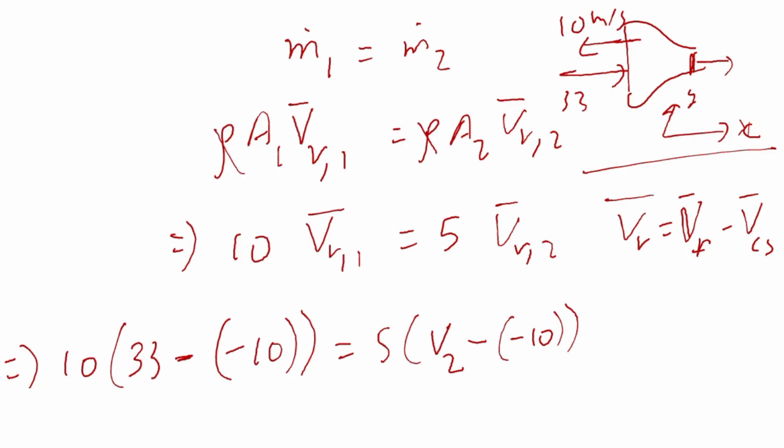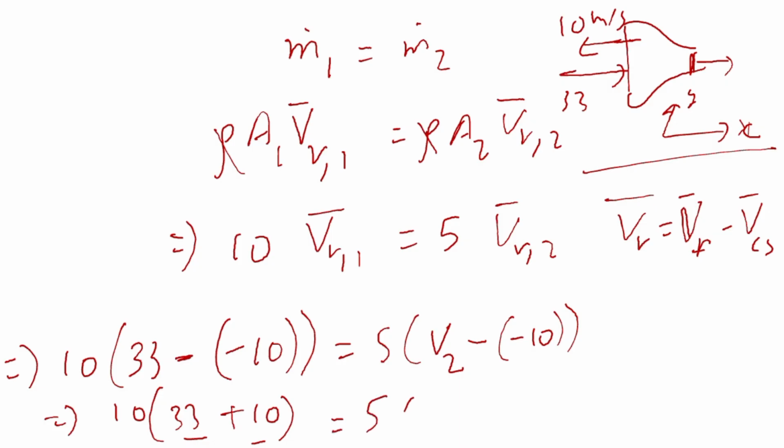Now if you simplify this, it is 33 plus 10, so these velocities get added up because it's moving in the opposite direction.